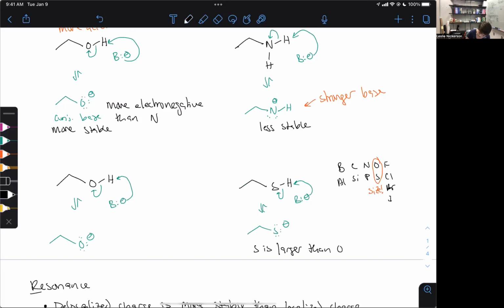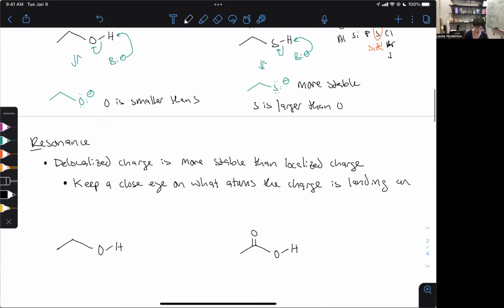So that makes this conjugate base more stable, which in turn makes this more acidic. And this is going to be the least acidic. Okay, so that one is all about size. O is smaller than S.